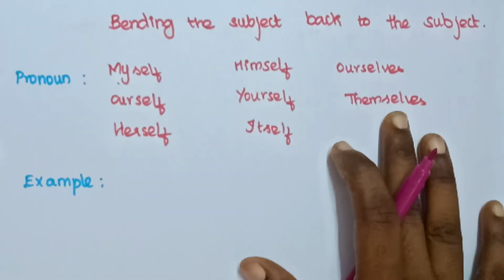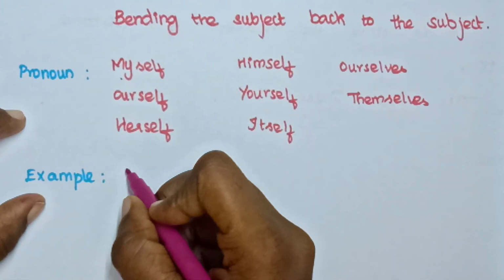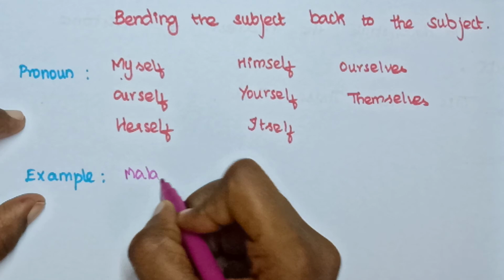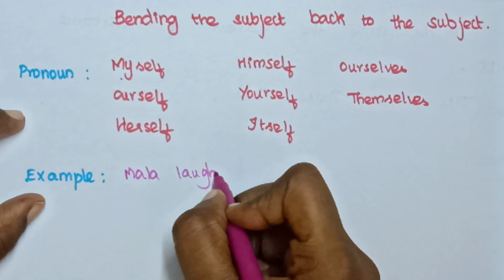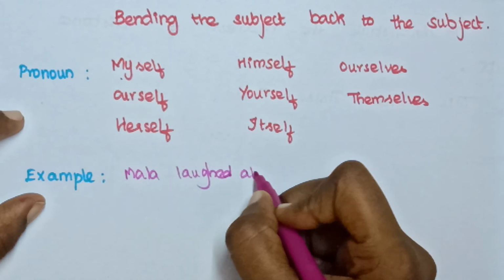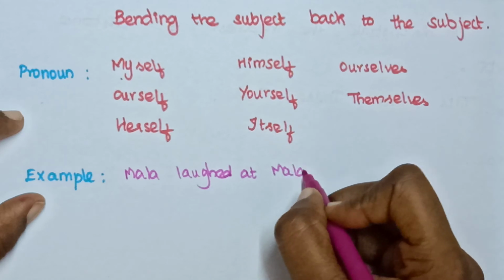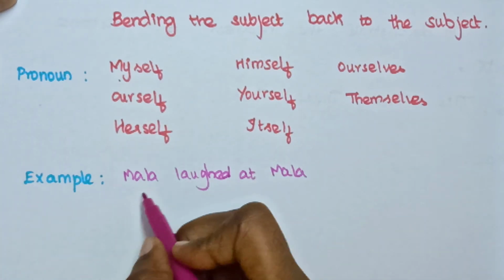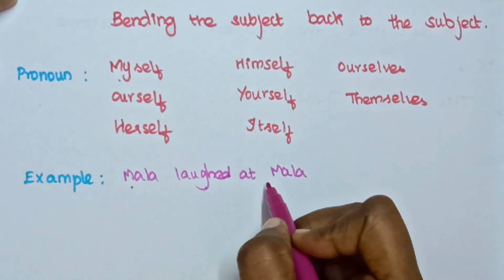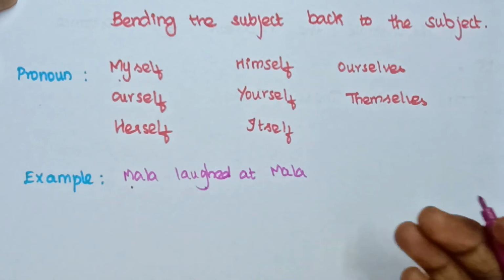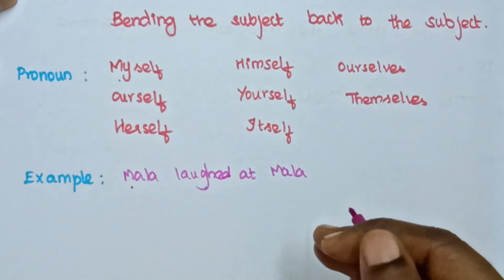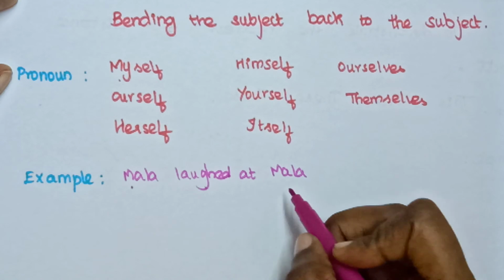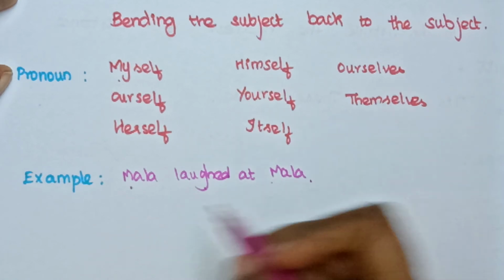So for example, if you want to say Mala laughed at Mala. See, in this example, we are describing Mala laughed at Mala, in the sense that Mala laughed at herself. So how can we replace this by a pronoun?